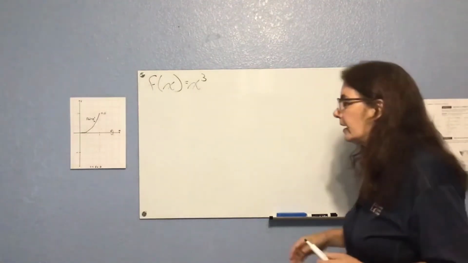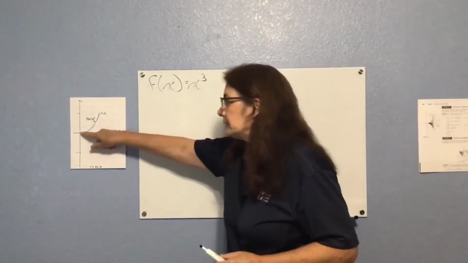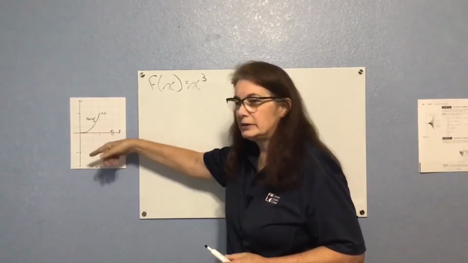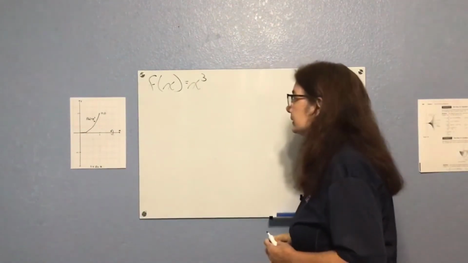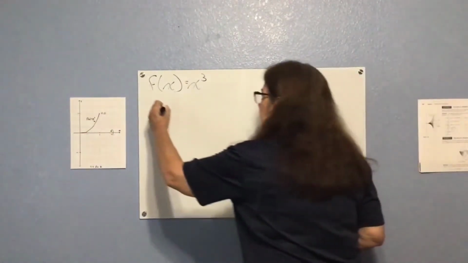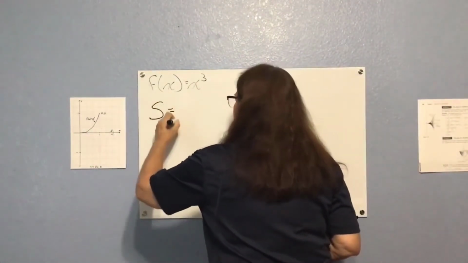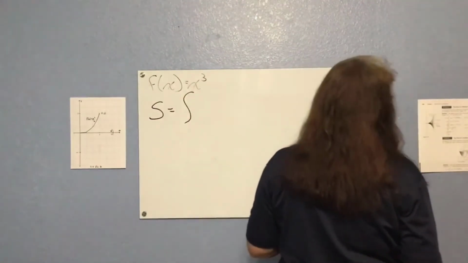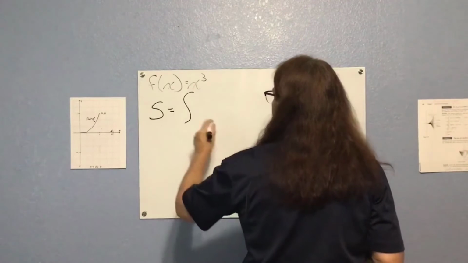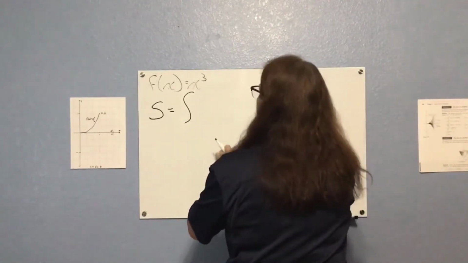Okay, we're asked to find the surface area when we take this curve from 0 to 1 and rotate it around the x-axis. So here's our function, and this is our equation. S is equal to 2 pi times the integral.